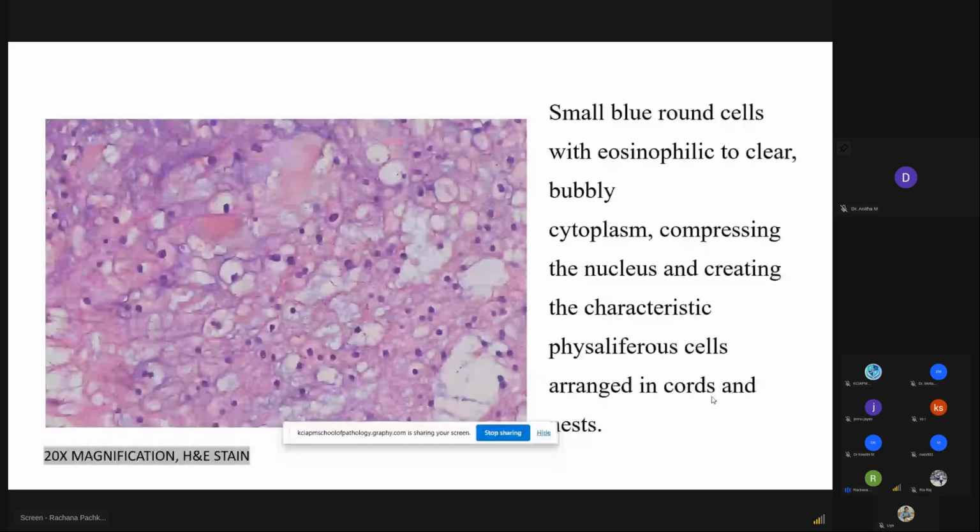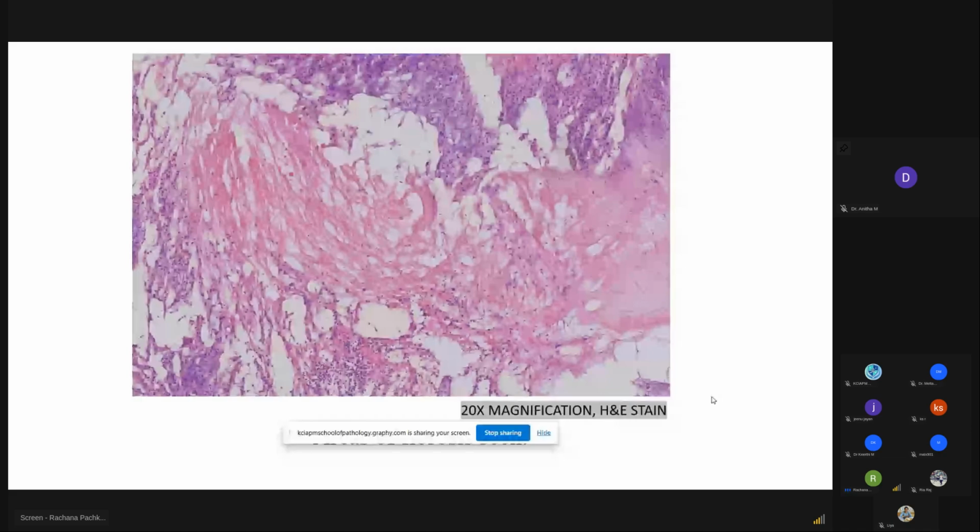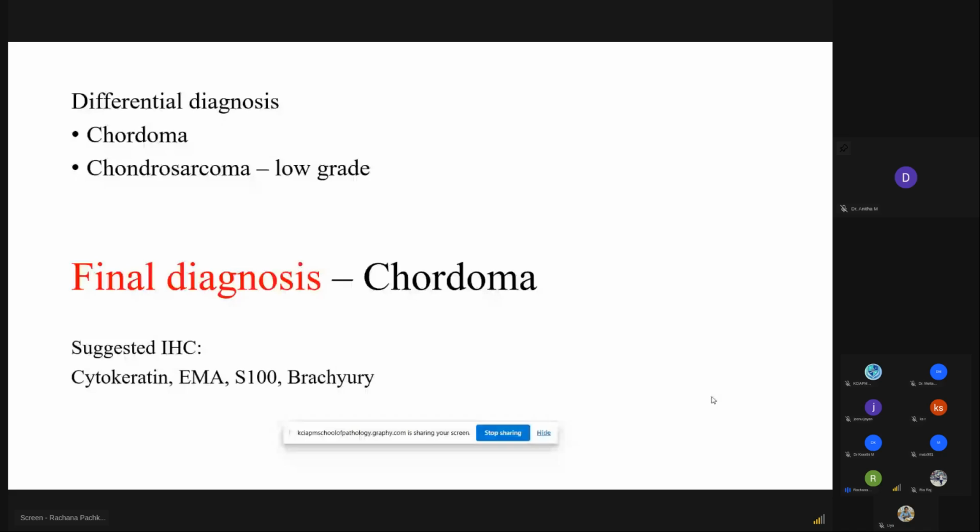In this slide, we can see small blue round cells with eosinophilic to clear bubbly cytoplasm compressing the nucleus and creating the characteristic physaliferous cells arranged in cords and sheets. These cells are embedded in a myxoid stroma and areas of fibrosis are seen. For my first case, the differential diagnosis is chordoma because of physaliferous cells, and low-grade chondrosarcoma. My final diagnosis is chordoma, and suggested IHC: cytokeratin, EMA, S100 and brachyury.